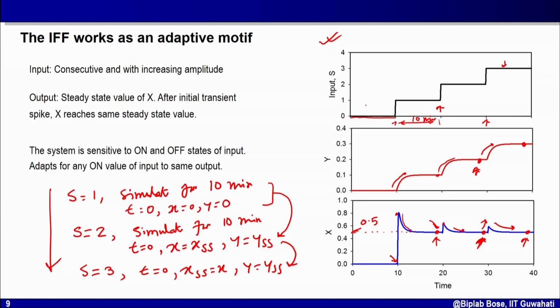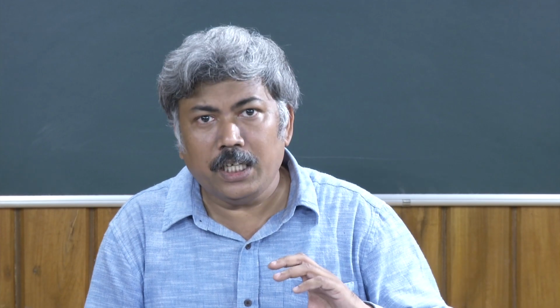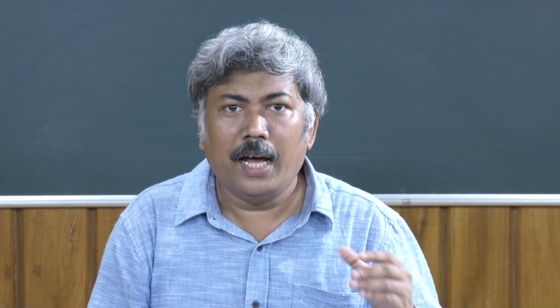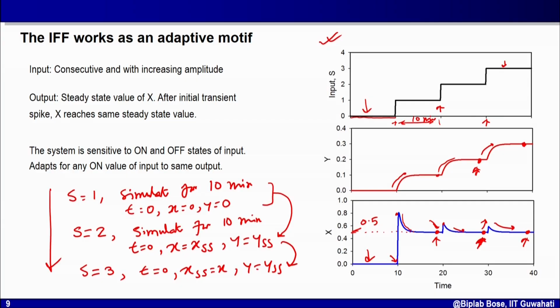So in this system, the motif can differentiate between on and off. When s equal to 0, obviously x is also equal to 0, the steady state value is 0. But once you make s non-zero, irrespective of the value of s, whether it is 1, 2, 3, 4 or 5, I always get the same higher steady state value of x, which is here close to 0.5. So the system is like this.